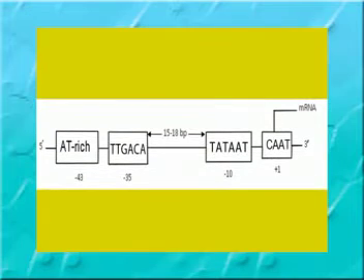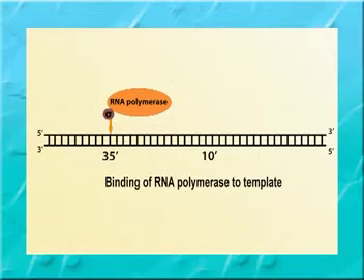The -35 region is normally present between 30 to 40 nucleotides upstream of the transcription initiation site. This sequence is centered about 35 base pairs before the start of a bacterial gene. It functions in the initial recognition of a gene by RNA polymerase.